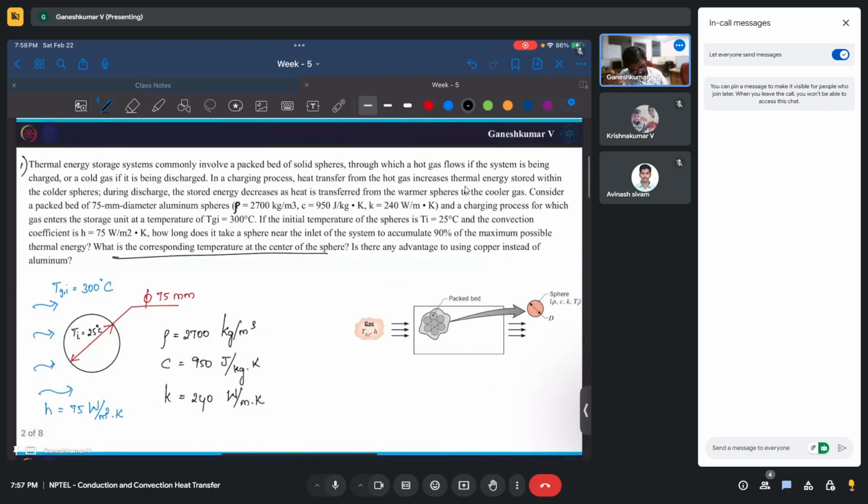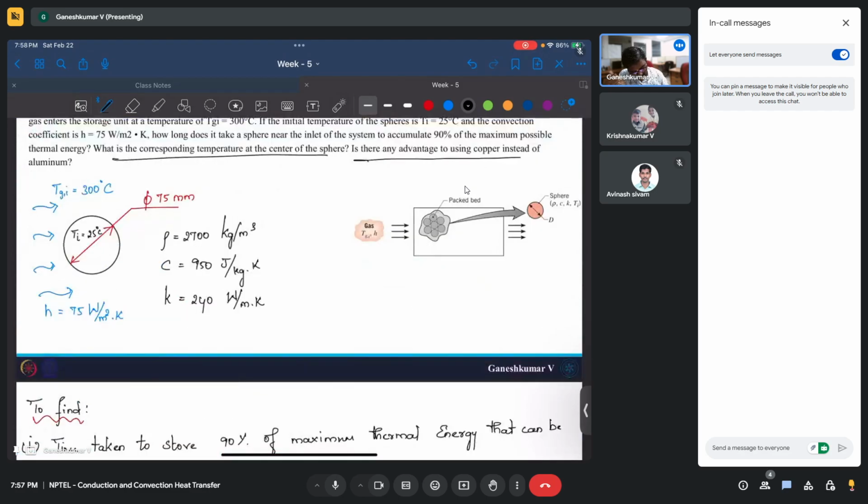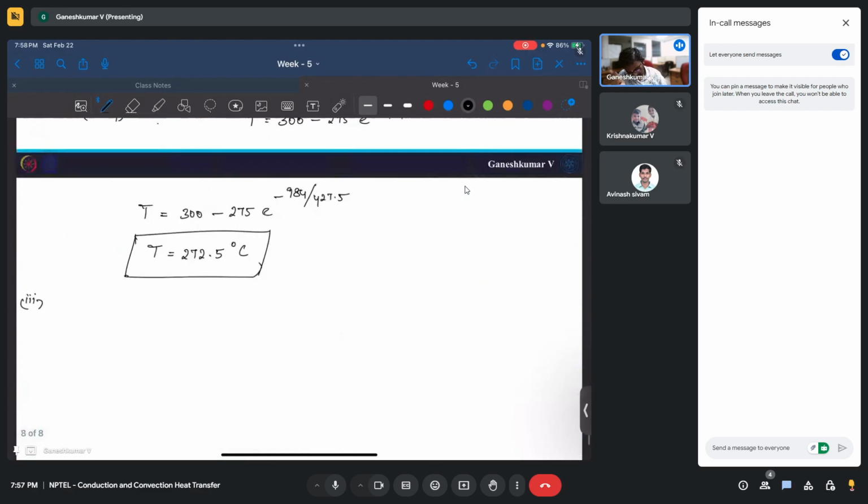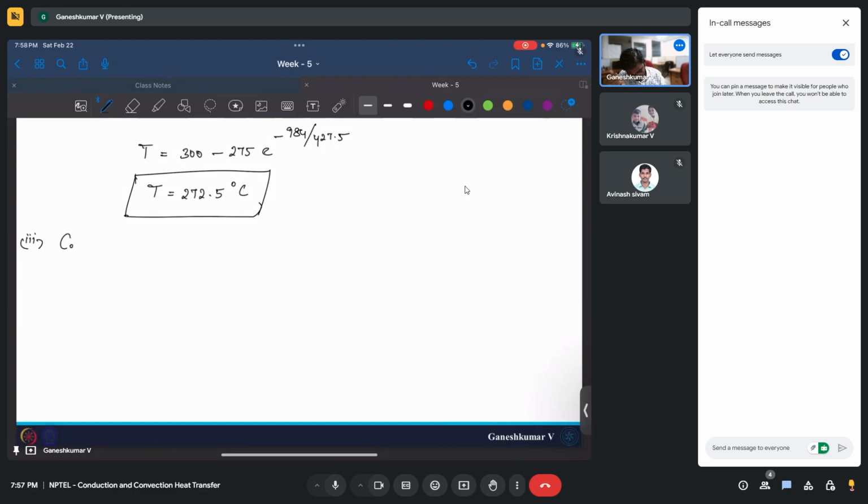Is there any advantage to using copper instead of aluminum? Okay, so what advantage do you think? Copper advantages. So I think we need to give properties for it. K, rho and Cp are required.